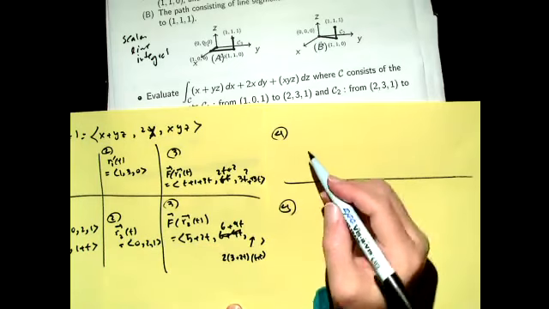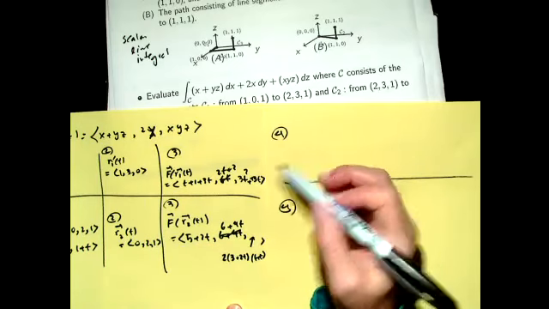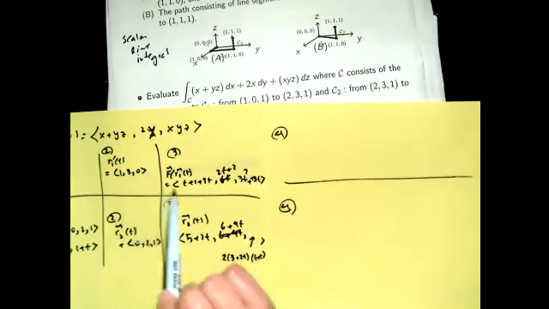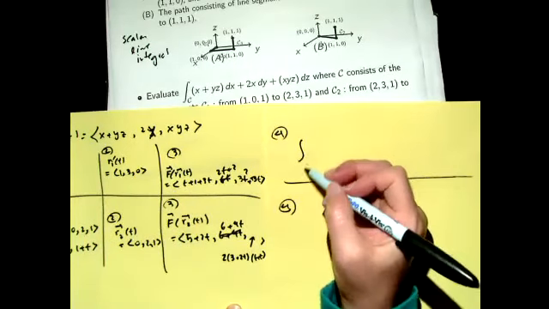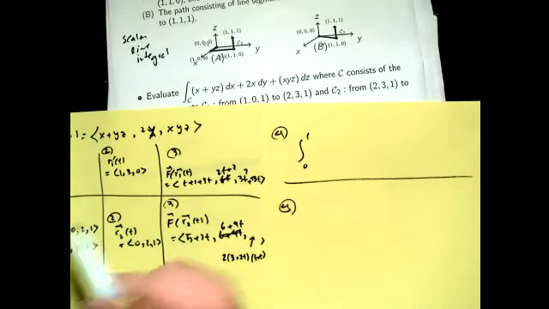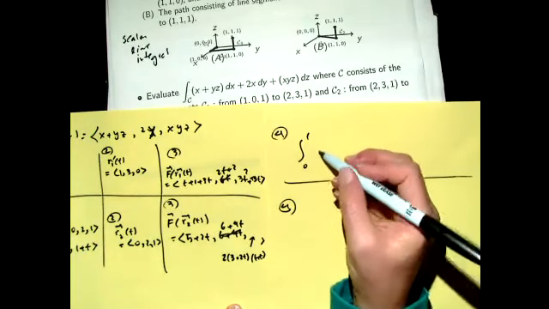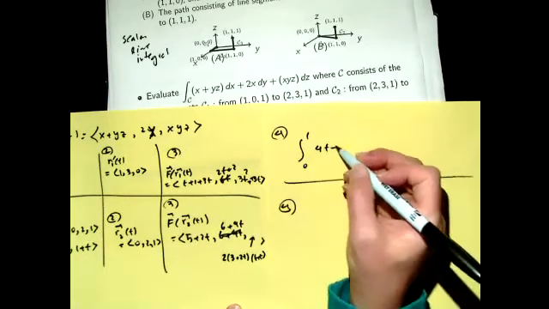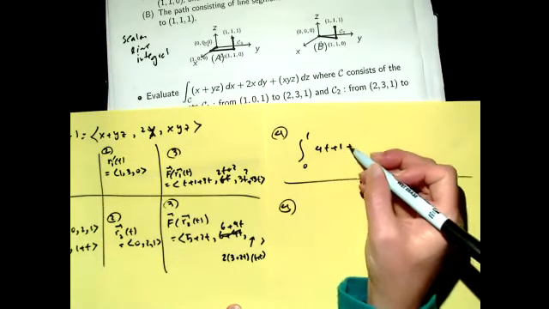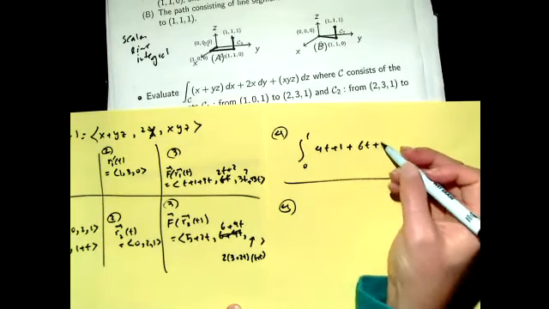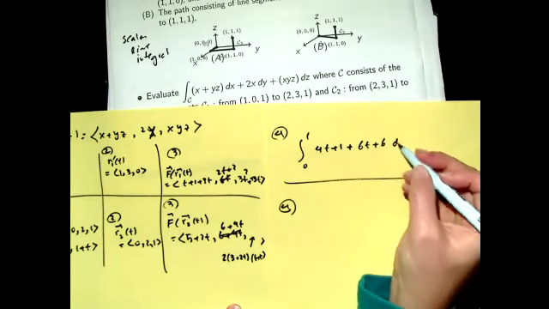So if I do the dot product, I will end up with the dot product of the first one, again 0 to 1, because how I parameterized was the line segment parameterization. That is nice. I get 4t plus 1, and then I get 6t plus 6t.